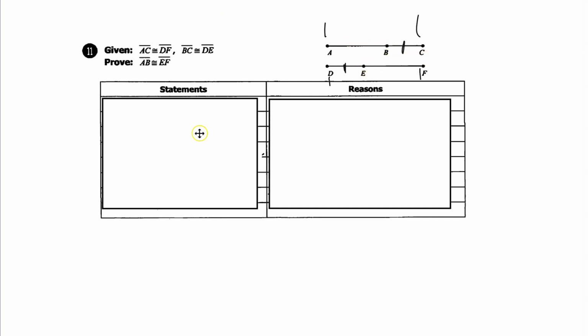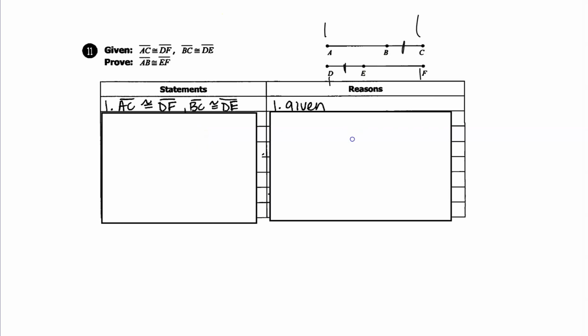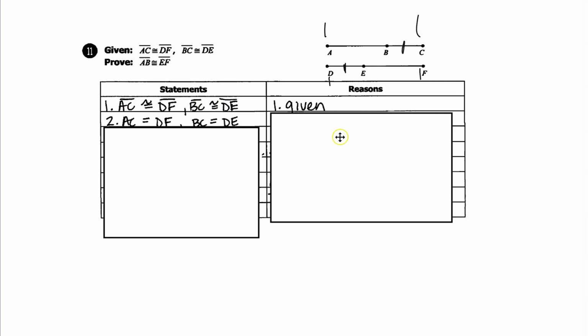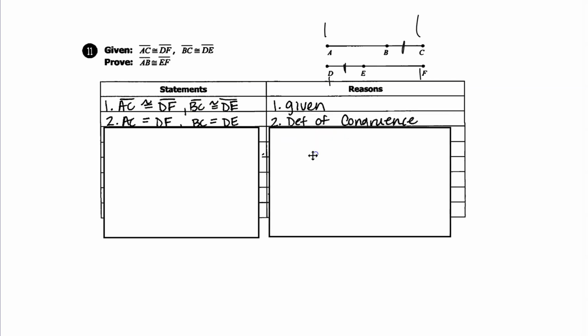So first thing we're going to do is write down our given. All right. So next thing I would do without looking is get rid of these congruent symbols and say they're equal to each other. And that's just congruence.